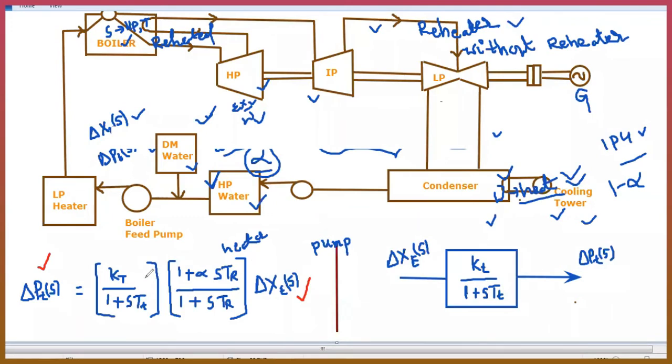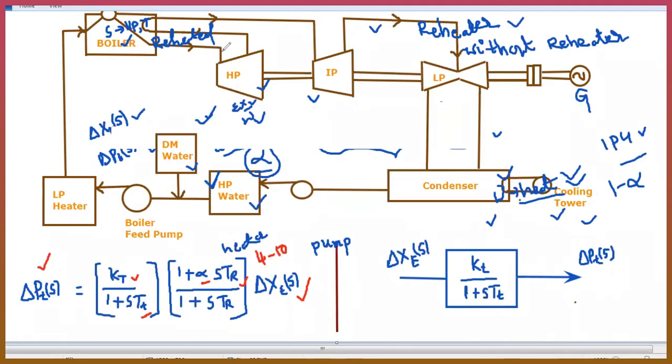The transfer function is KT by 1 plus S TT, multiplied by 1 plus alpha S TR by 1 plus S TR, where KT is the turbine gain, TT is the time constant of the turbine, alpha is the rating of the high pressure stage, and TR is the time constant of the reheater, which is approximately 4 to 10 seconds.